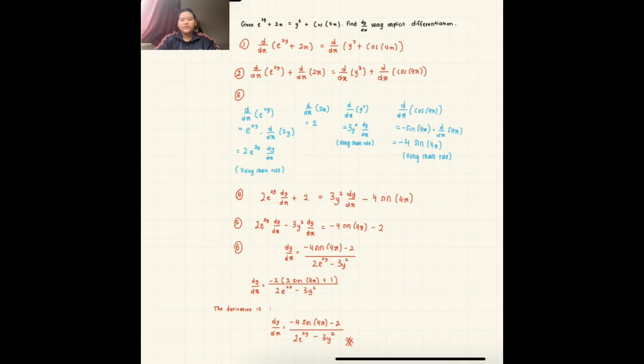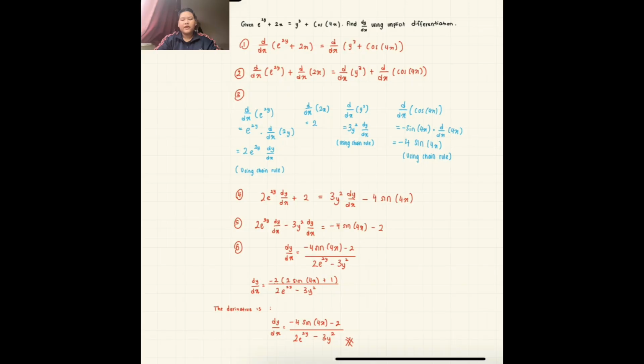For example, (2e^(2y) minus 3y^2) dy/dx equals negative 4 sine 4x minus 2. Divide both sides by the factor 2e^(2y) minus 3y^2 to solve for dy/dx.